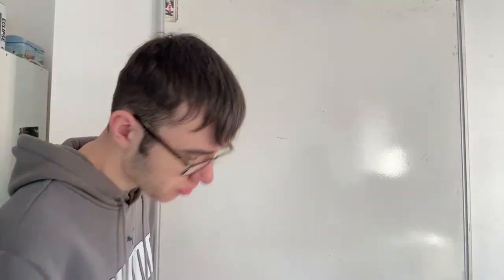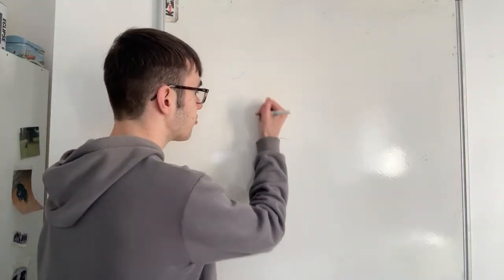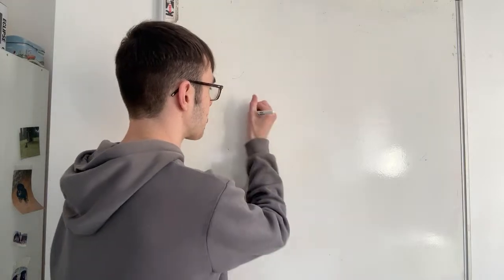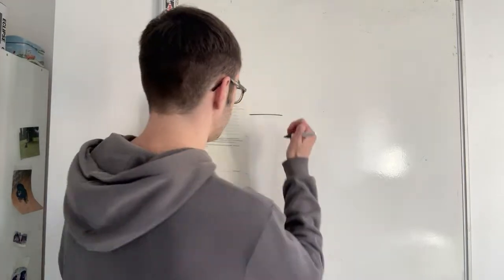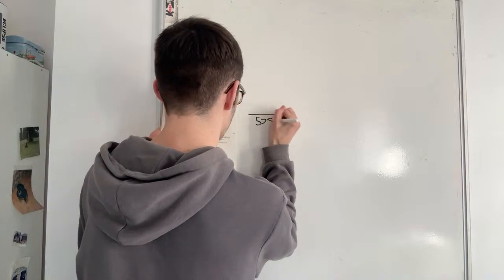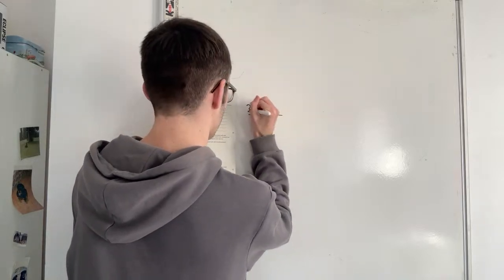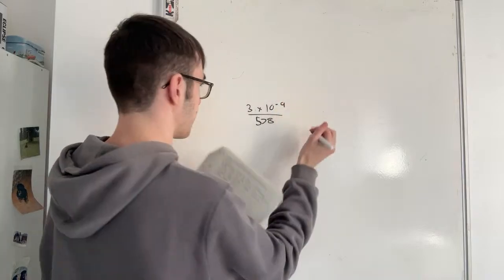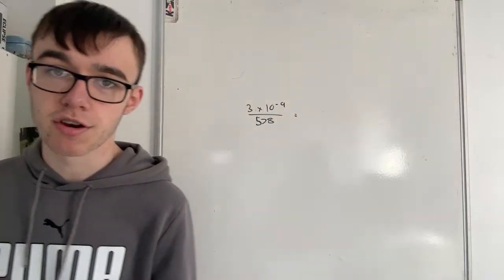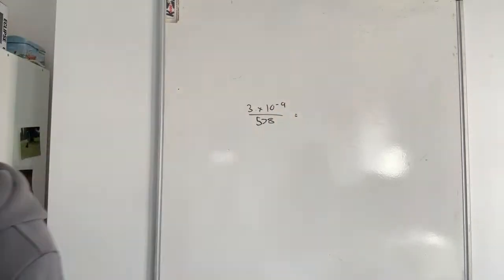Okay, this shouldn't be too bad. Is this not literally just going to be plugging it into the calculator? We're going to do 578 and 3 times 10 to the power of minus 9. And that's probably going to give us a number in the billions or something like that.